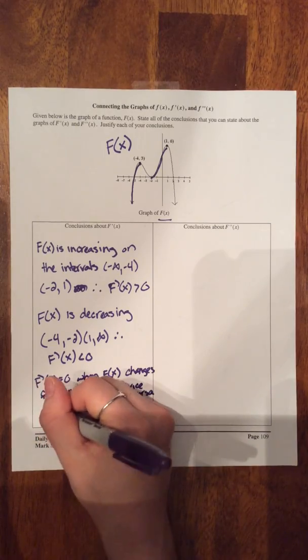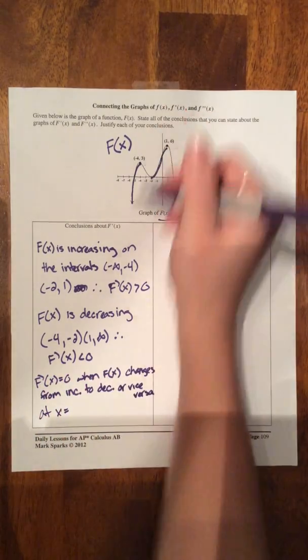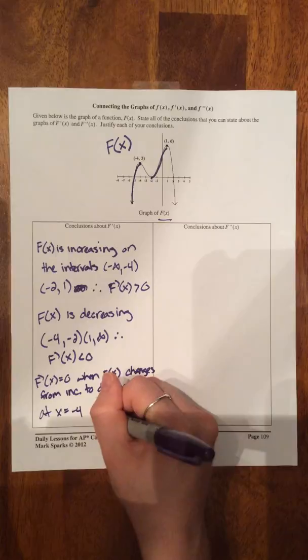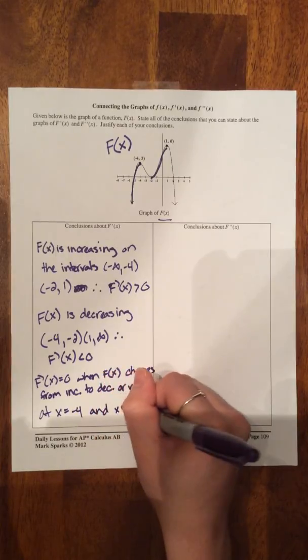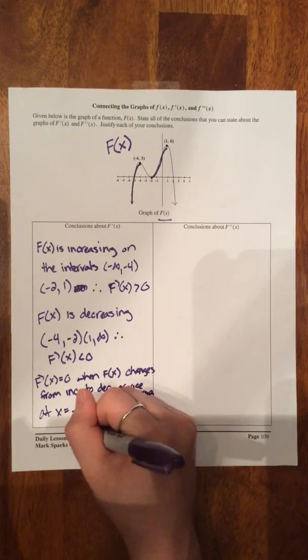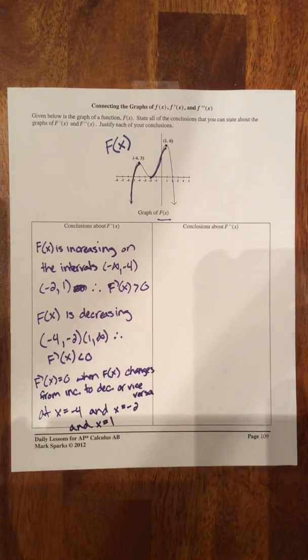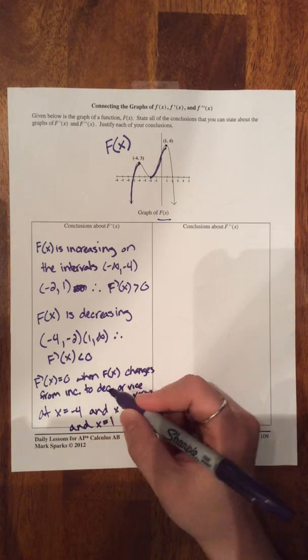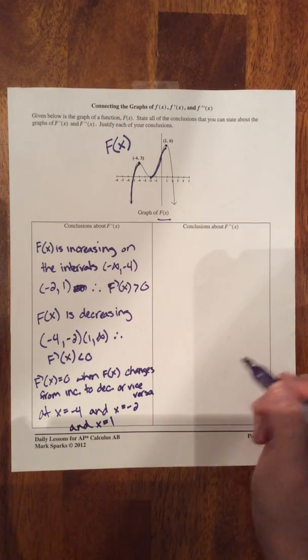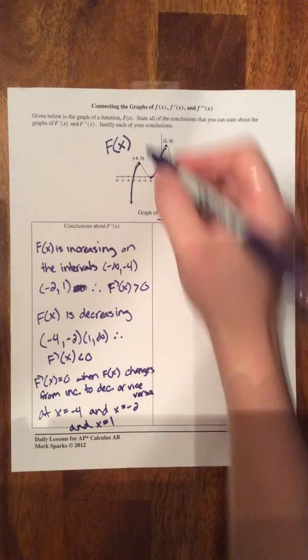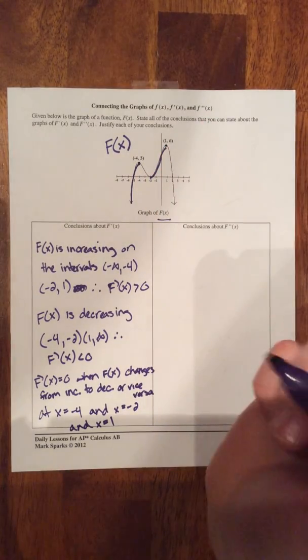And this happens at x equals negative 4, x equals negative 2, and x equals 1. At these values, if f prime is equal to 0, that means f of x is neither increasing nor decreasing. So right here, here, and here.